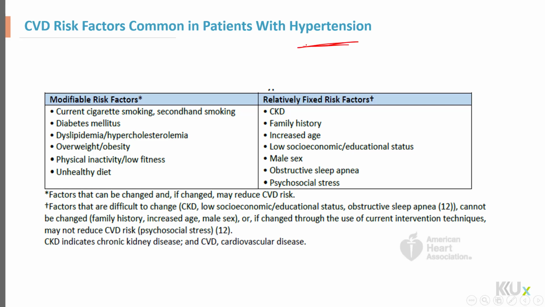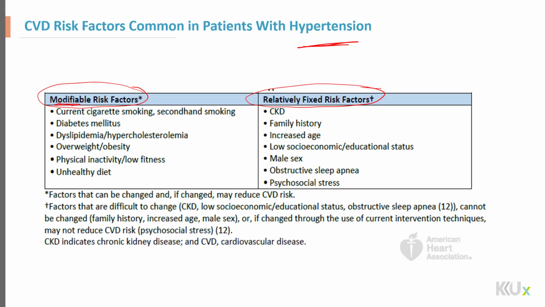So these are described as the major cardiovascular risk factors. If these factors are present, you have a high risk of getting cardiovascular diseases. These factors can be classified into modifiable risk factors or relatively fixed risk factors. Modifiable means you can change it.